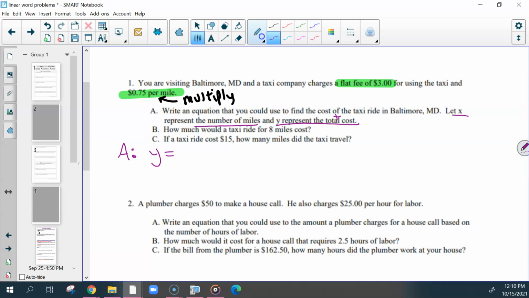So we have 0.75 and X. What do I do with that 3? So total told us to add them together. Per told us to multiply. It told us our variables and our numbers. We just had to put all that information together.